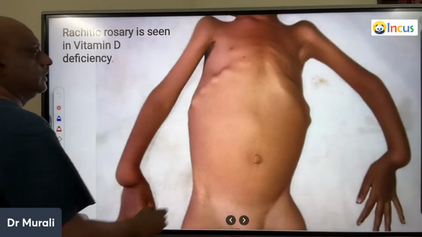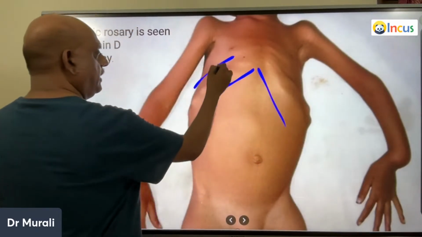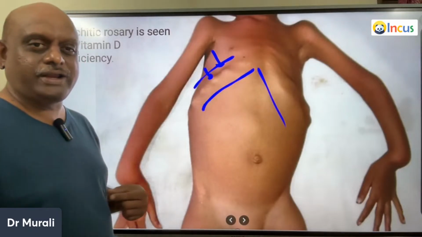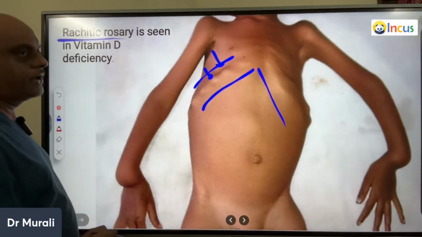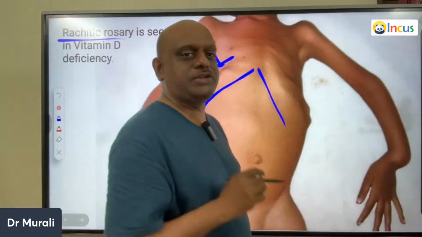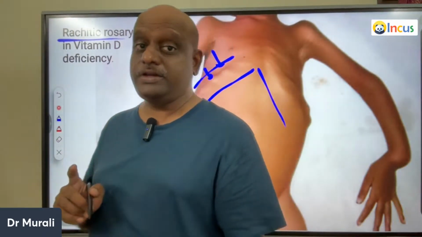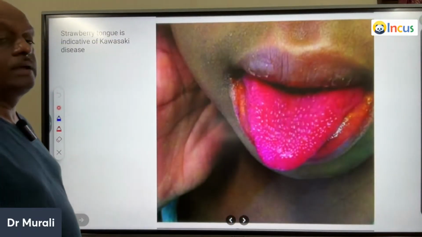Now, in this malnourished individual, you can see a lot of nodules present on the rib cage, which is typically called the rachitic rosary, which is the feature of vitamin D deficiency associated rickets.